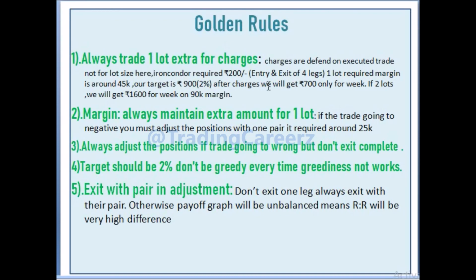Margin: always maintain extra amount for 1 lot. For example, if you are thinking about a 2 lots trade, now you have to consider 1 lot extra. Why? Because whenever the market goes opposite to your positions, you have to manage and add 1 extra lot. Whenever you are closing one pair of positions, they do not allow that margin to be used for another trade.